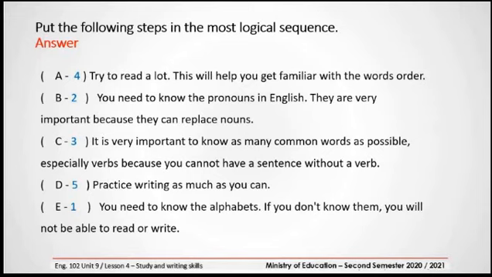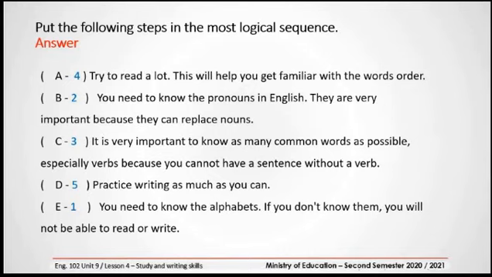And after that, the most difficult thing, now you have mastered the alphabets, you have mastered the pronouns, you have some common words in English, you have read a lot, and then you can practice writing. That's the final step.